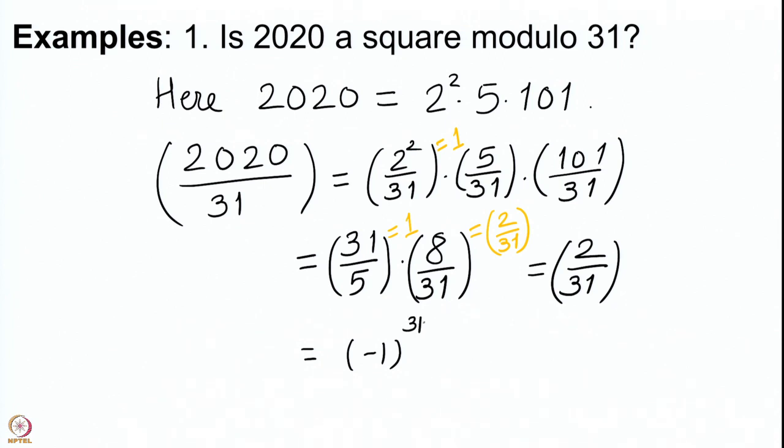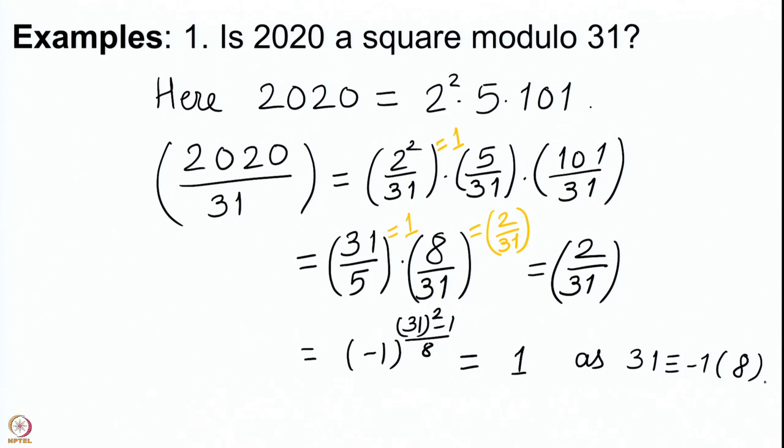So, you will have to look at (31 square minus 1) by 8, but this gives 1 because 31 is minus 1 modulo 8. So, whenever p is congruent to plus or minus 1 mod 8, 2 is a square modulo p. 31 is congruent to minus 1 mod 8. So, this tells you that indeed 2020 is a square modulo 31.